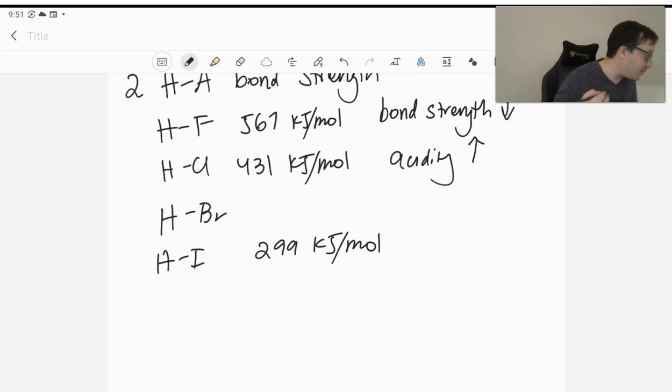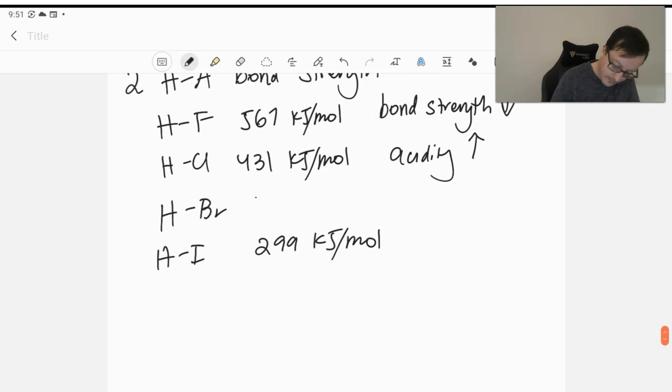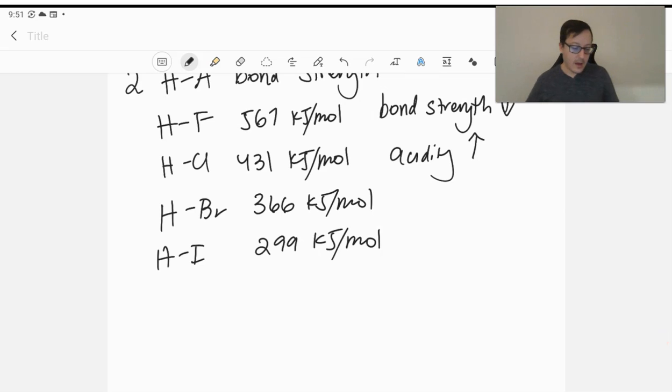And just to complete the table, we'll have the bromine here at 366 kilojoules per mole. So we are going to see that HI is going to be the strongest of our halo acids. And in fact, HI is pretty much our strongest normal acid anyway. So fun stuff there. So as bond strength goes down, acidity goes up.